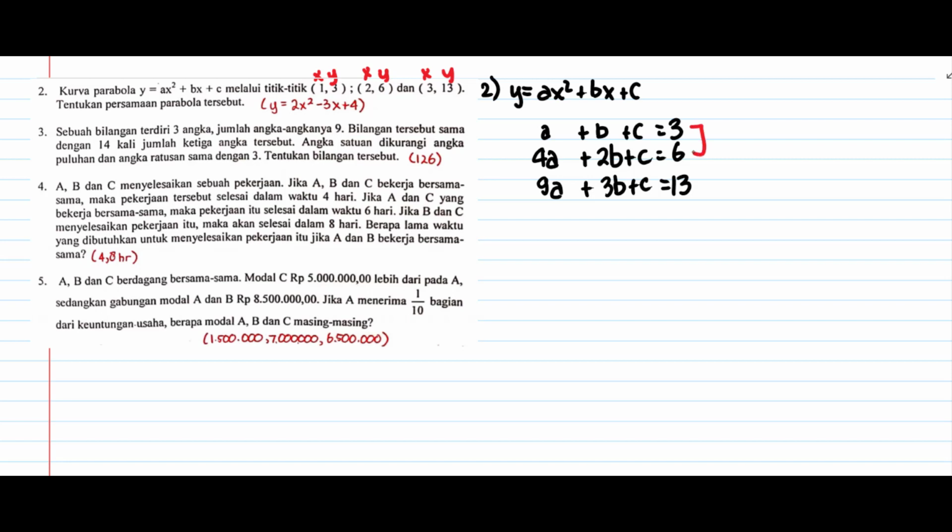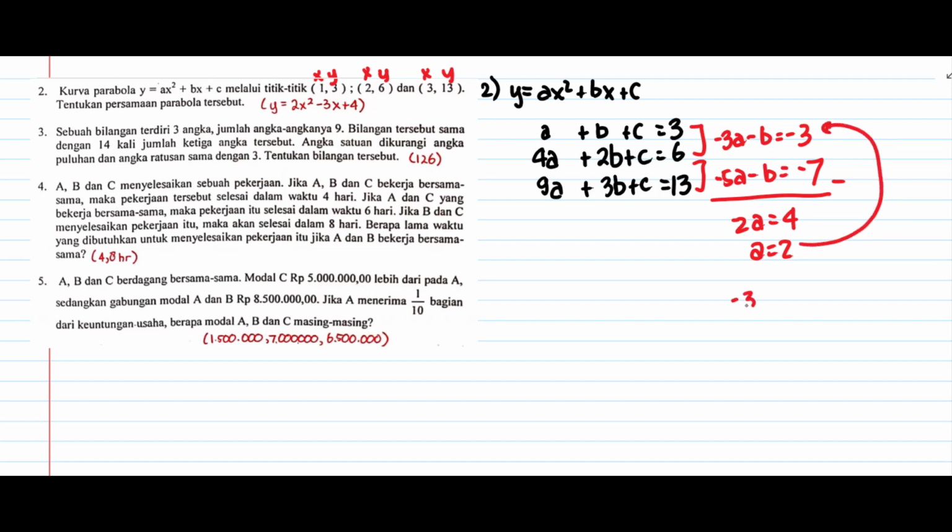Look at the c, it's already the same. We can subtract: 3a plus b equals 3, and 5a plus b equals 7. The b is also the same, so subtract again: 2a equals 4, so a equals 2. Substitute into 3a plus b equals 3: 3 times 2 plus b equals 3, so b equals negative 3.